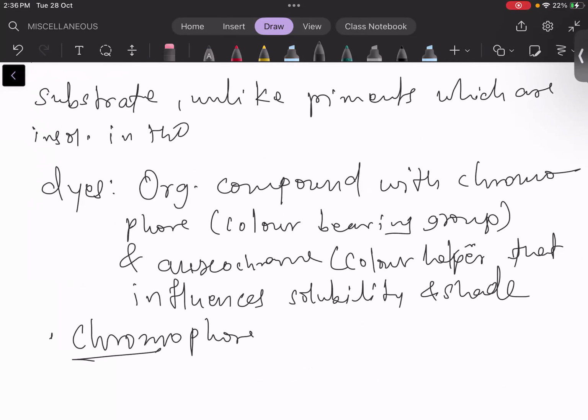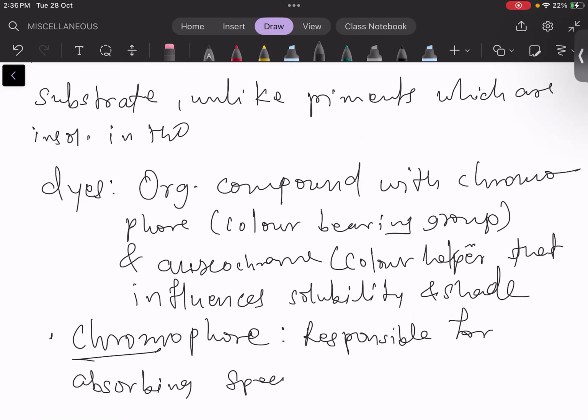So the chromophore is the part of the molecule responsible for absorbing specific wavelengths of visible light, thereby producing color.